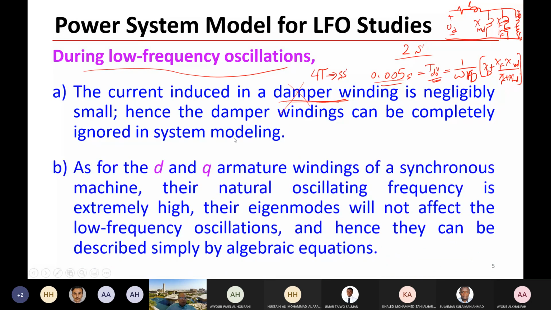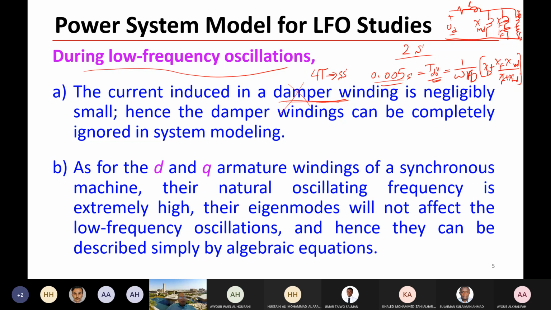Okay, so as for the D and the Q armature winding of a synchronous machine, these are armature windings, meaning we are talking about the electrical part of the machine. The natural frequency of the electrical part of the machine is very high, and the dynamics here will not be considered for the armature winding.